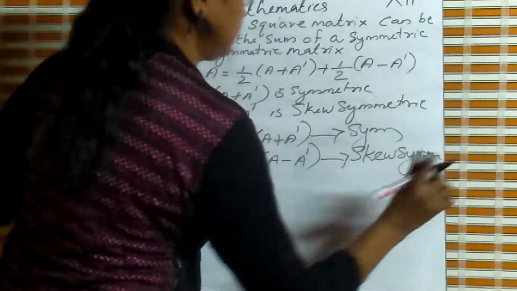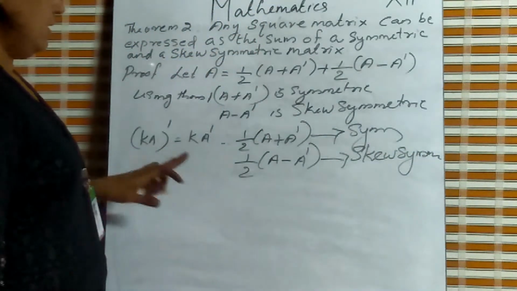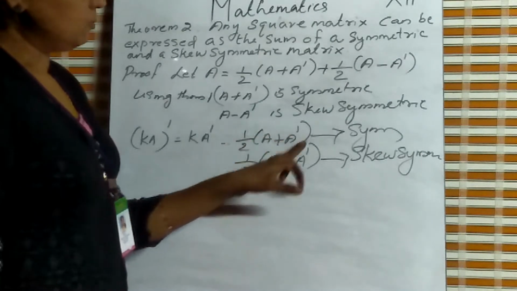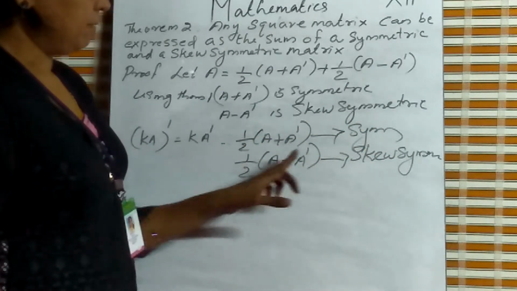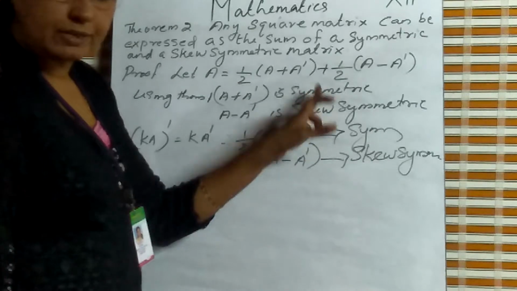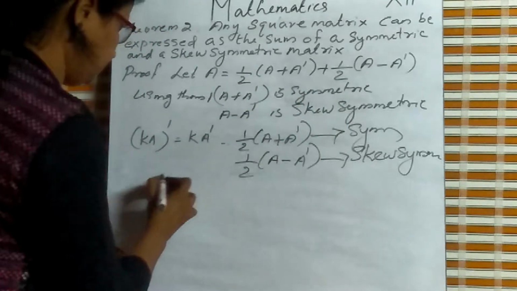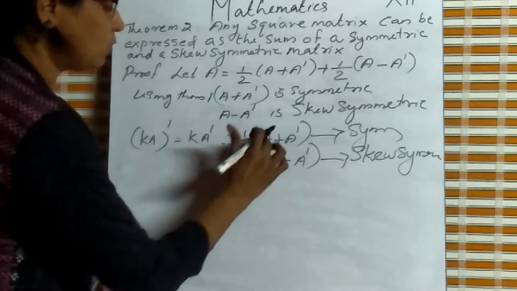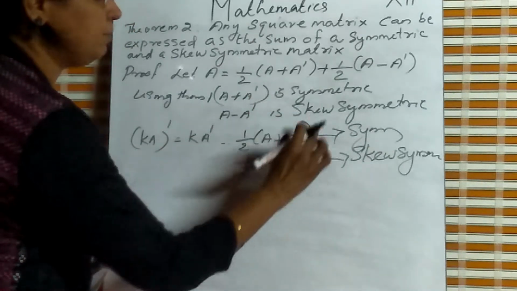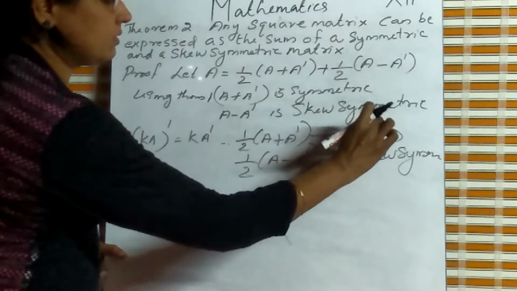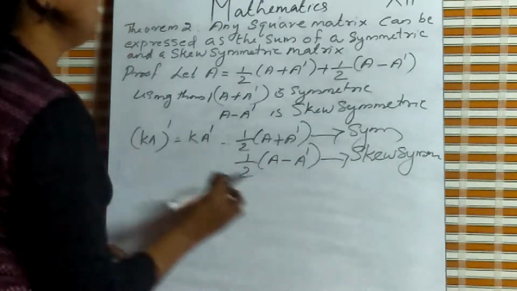So listen, half of (A plus A transpose) is symmetric and half of (A minus A transpose) is skew symmetric. Therefore, the sum is a sum of a symmetric and a skew symmetric matrix.